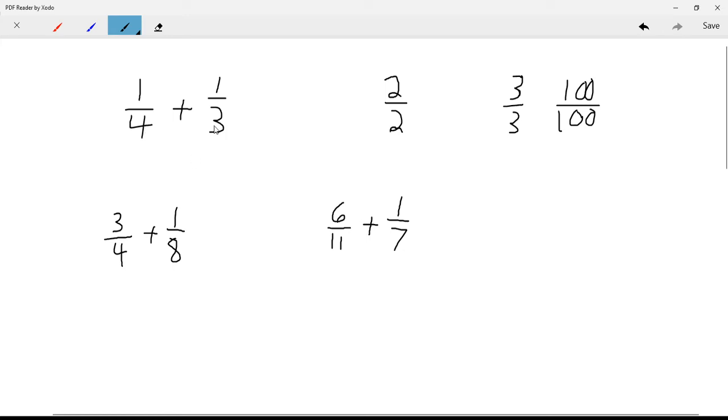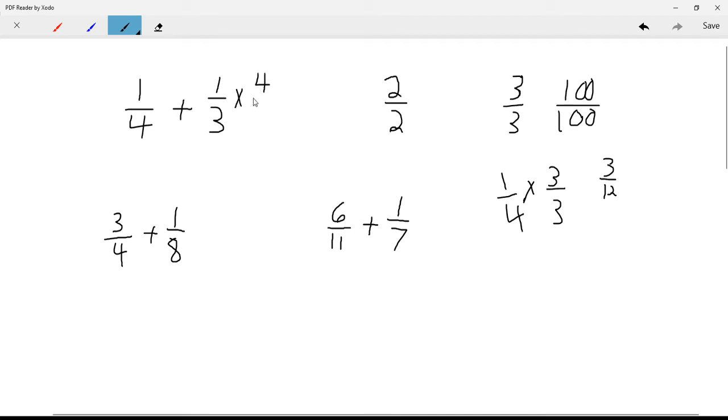So 4 and 3 both have 12 as multiples. So what do I have to multiply 4 by to get to 12? I would have to multiply it by 3. And then I'm going to have to multiply it top and bottom by 3, so then it would become 3/12. Okay? Then I have 1 over 3 over here, and what do I have to multiply this by?